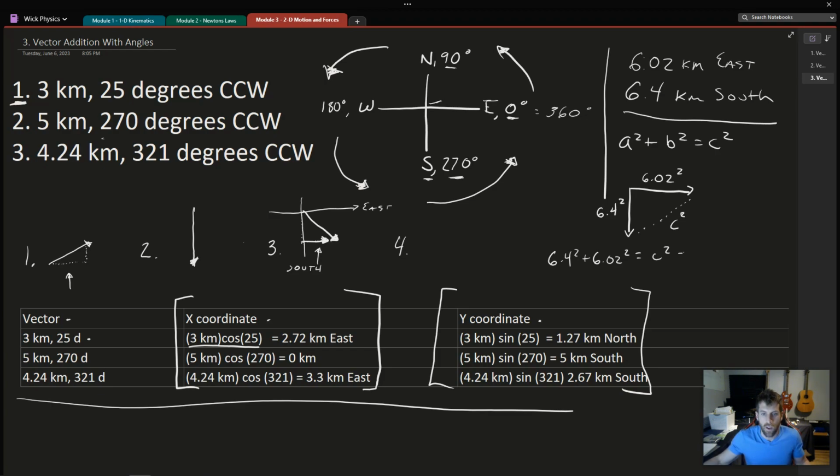We get a resultant of 77.2 equals c squared. We need to square root each side in order to eliminate that square.